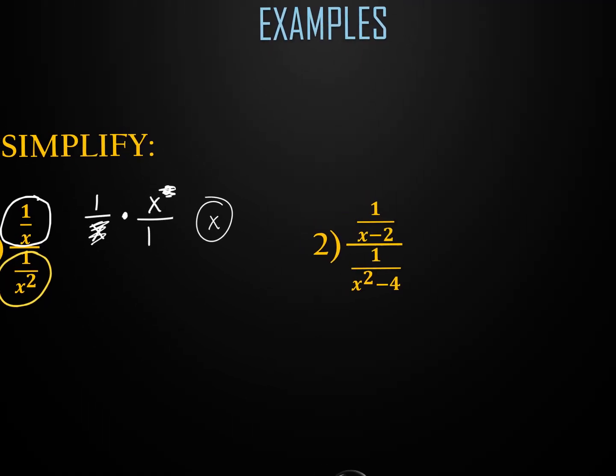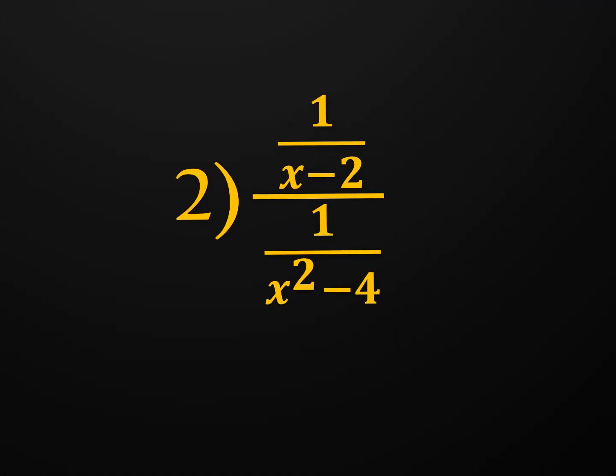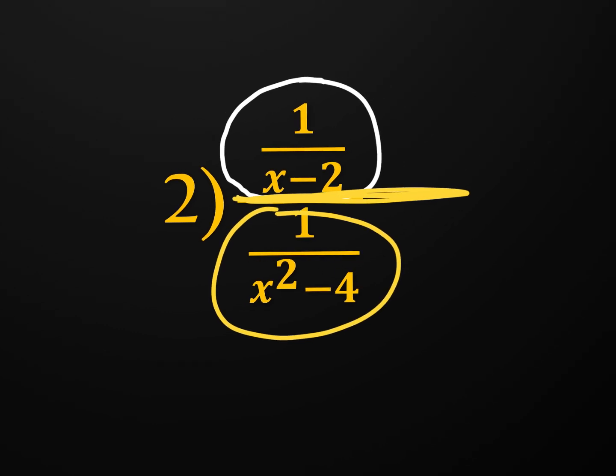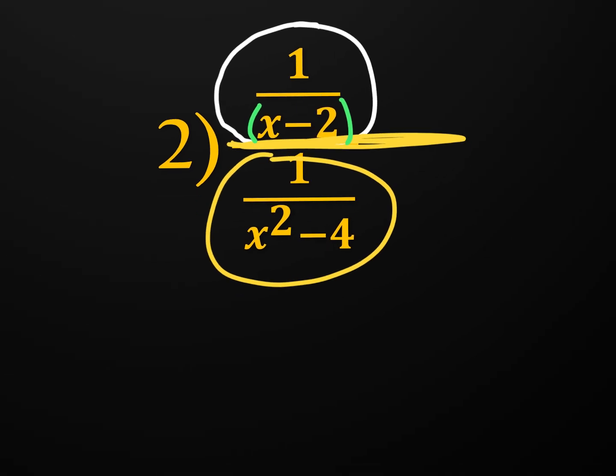Look at number 2. Does everyone see this fraction here in the numerator? This fraction here in the denominator? And we're dividing these two. So look at your numerator. Can I simplify anything? No. Do I have anything to add or subtract? No. Look at your denominator. Can you simplify? Yes.